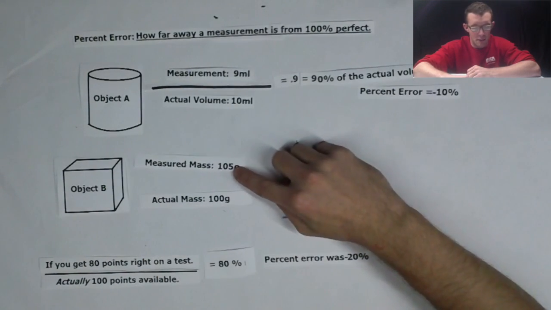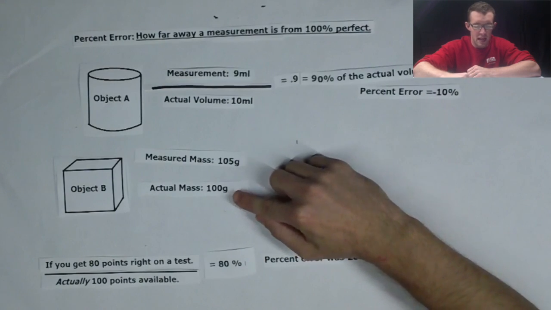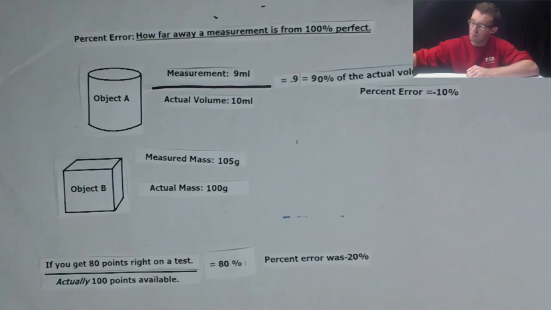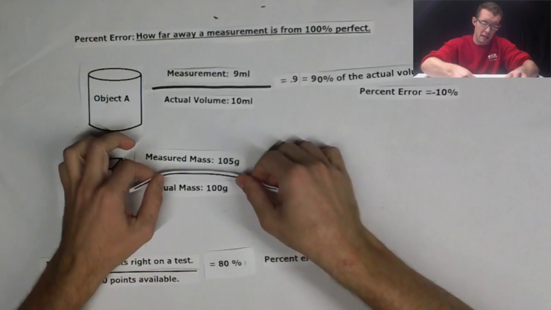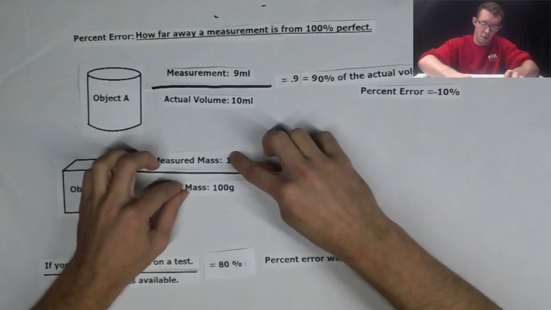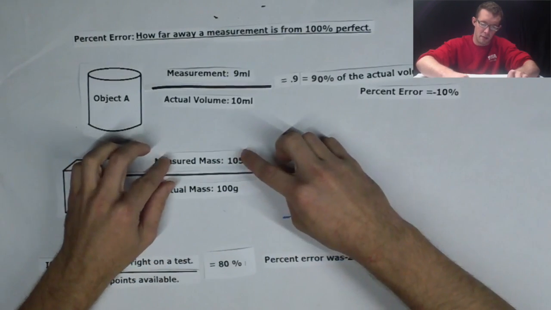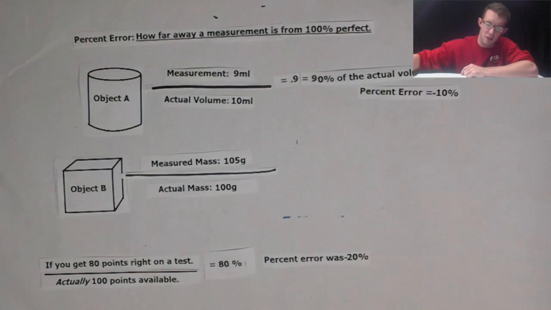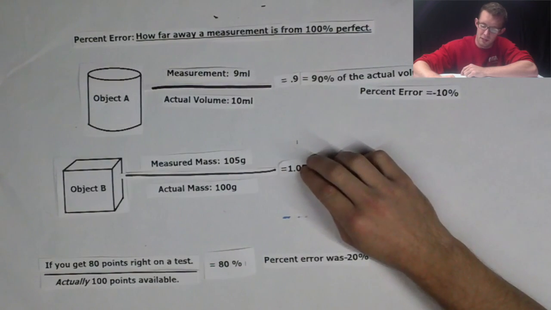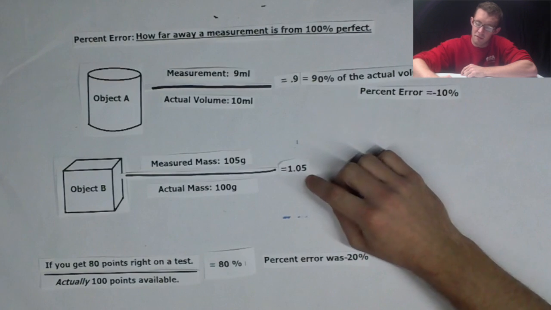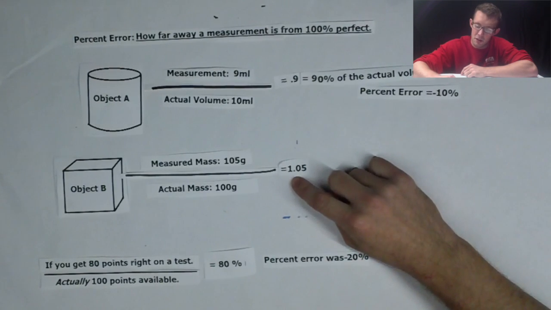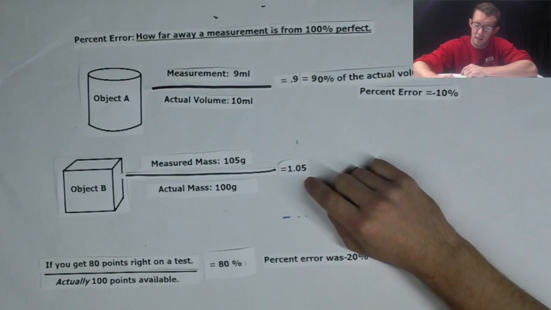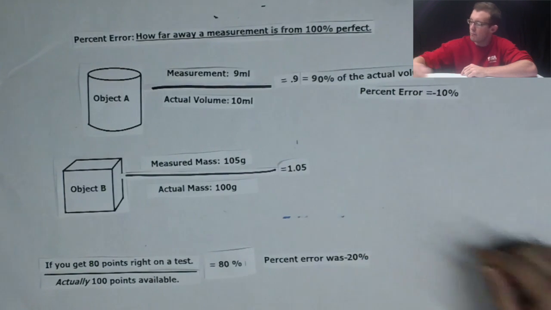If we measured object B at 105 grams, but the actual mass was 100 grams, we can make a ratio of our measured mass to our actual mass, which when we plug into a calculator, we can find reduces to a number of 1.05. To convert this to percent, we just shift the decimal places 2 places to the right.